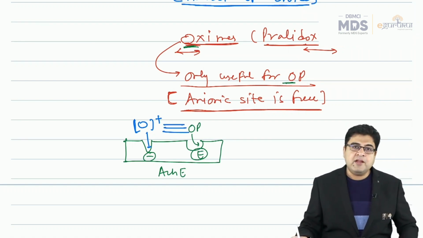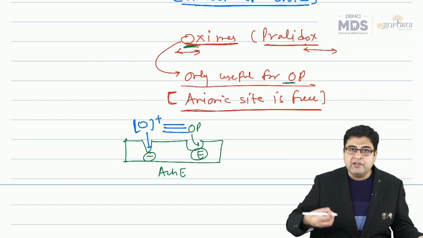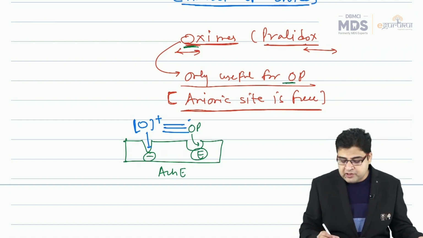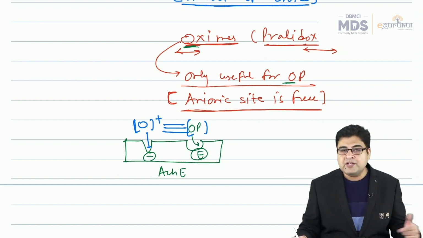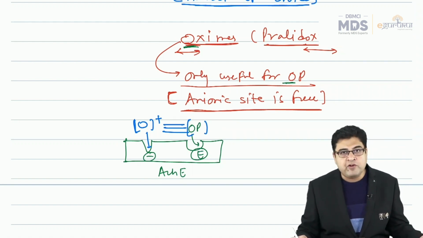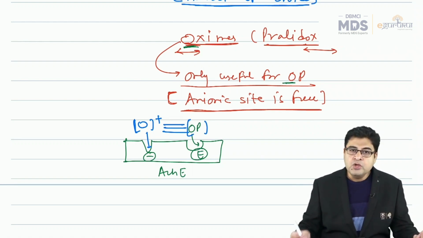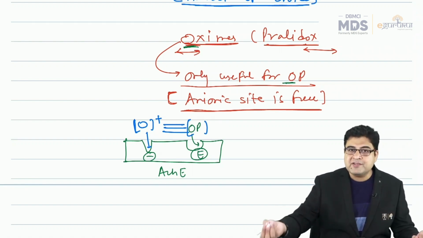And once they make the bond with the organophosphates, the organophosphates will not have any free group left to make the covalent bond. So the block is not going to become irreversible.